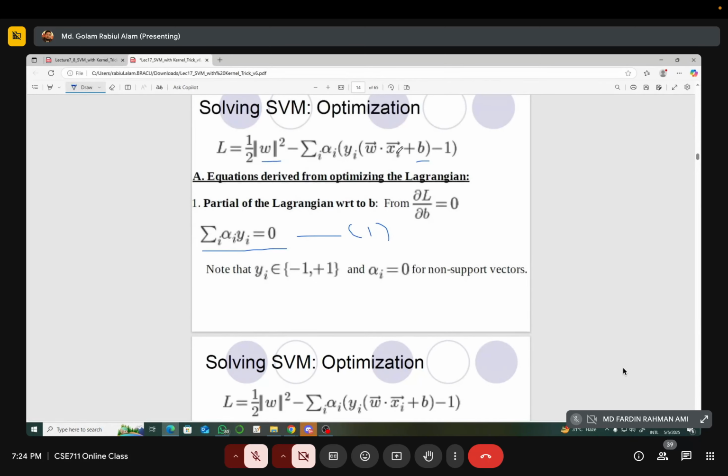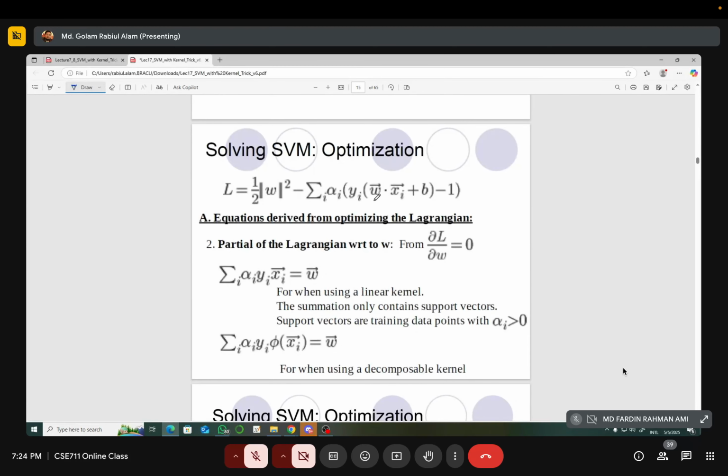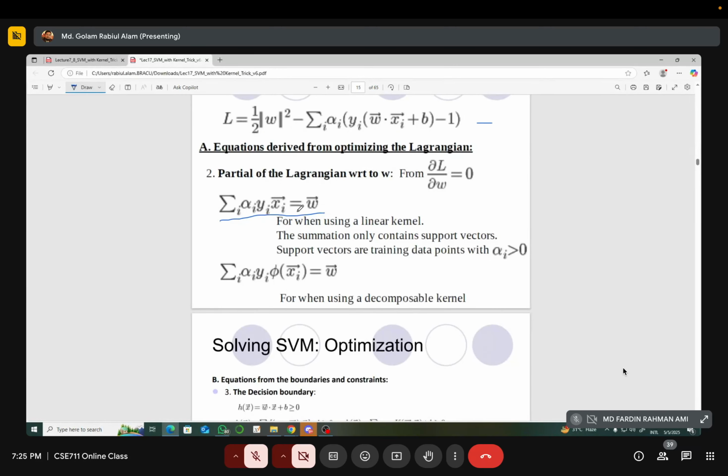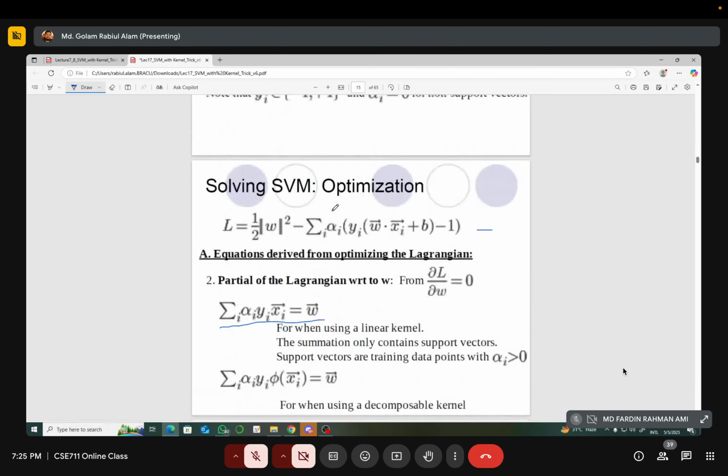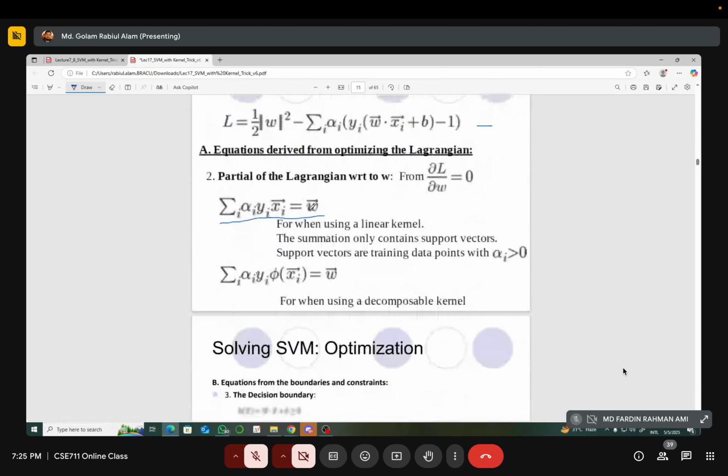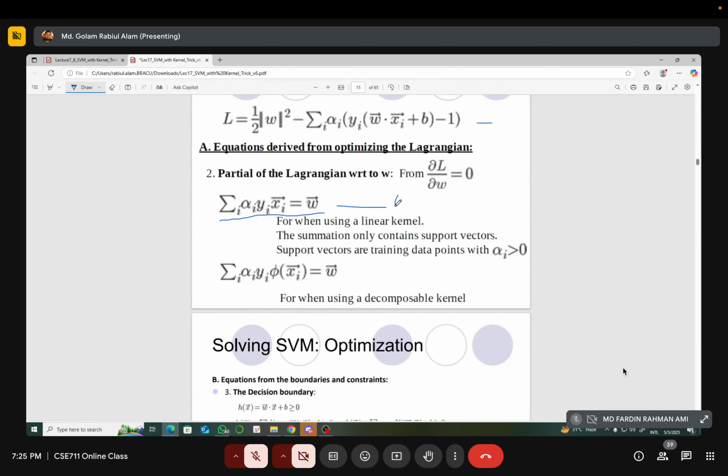Then the same Lagrange equation, we have to take the derivative with respect to W, and if we take the derivative of this equation with respect to W, then you will find this equation. For details, you have to check our last lecture. And then we will derive some of the new equations here using these two equations, equation number 1 and 2.